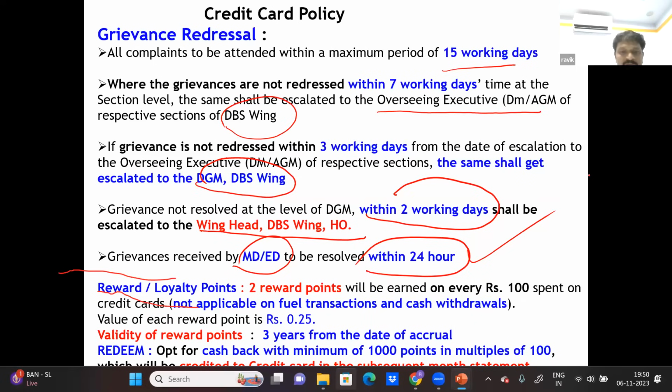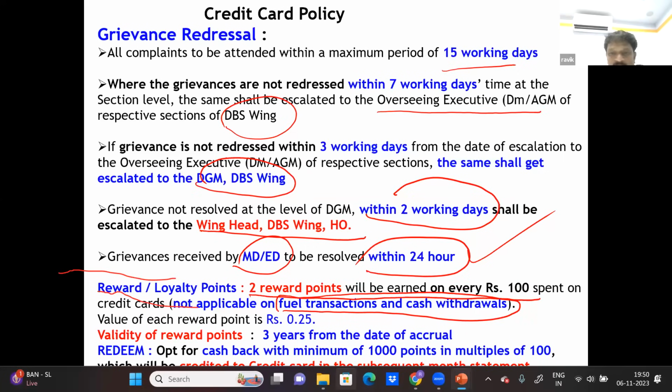Now come to reward loyalty points in credit card. 2 reward points will be earned on every 100 rupees spent. In debit card, it is 200 rupees. In credit card, it is 100 rupees. It is 2 reward points. Okay. And remember, credit card reward points come on whatever usage you do, except fuel transactions and cash withdrawals.